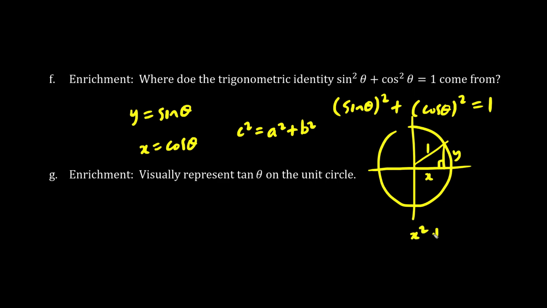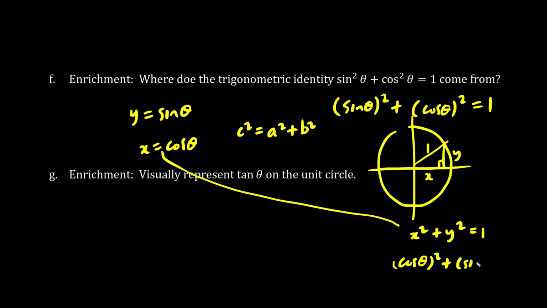So x squared plus y squared equals 1 squared, which is just 1. Replacing x with cos, we have cosine theta all squared plus sine theta squared equals 1. And this means that cosine squared theta plus sine squared theta equals 1. This here is an important trig identity to memorize.